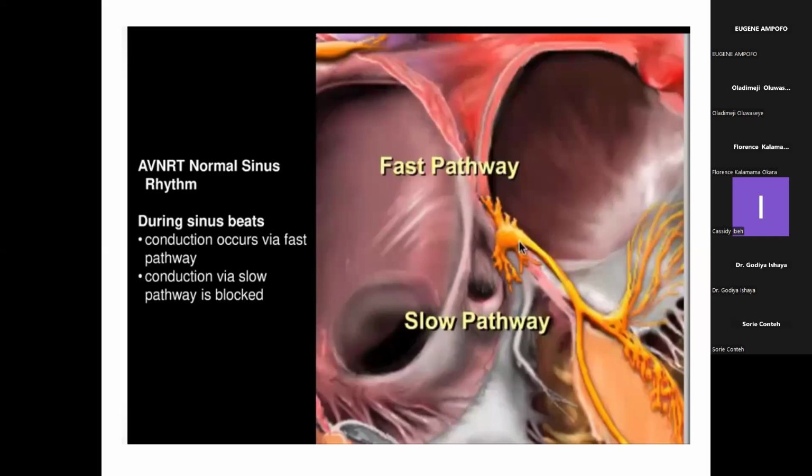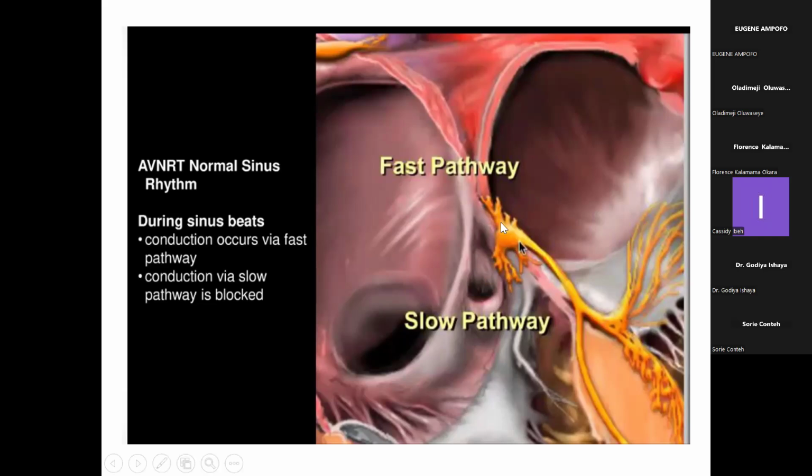Commonly for AV nodal reentrant tachycardia, the tissues that mediate this arrhythmia are in the AV node. That means there will be a fast pathway and a slow pathway in the AV node, and there will be conducting tissues in the heart muscle that make the circuit complete, so the circuit must join for the activity to complete a reentrant circuit.